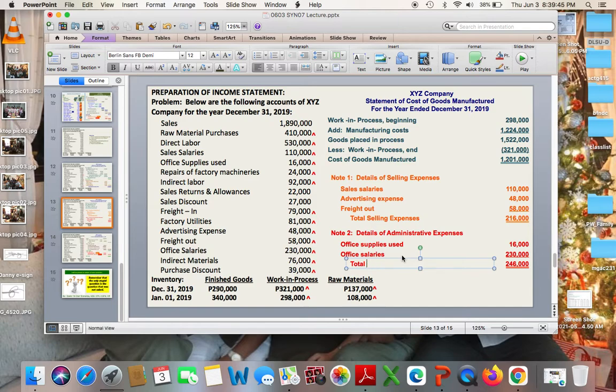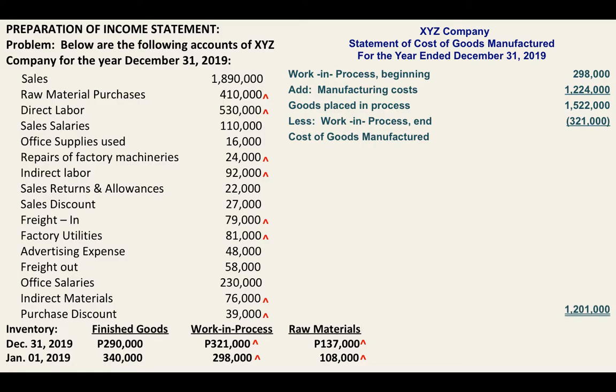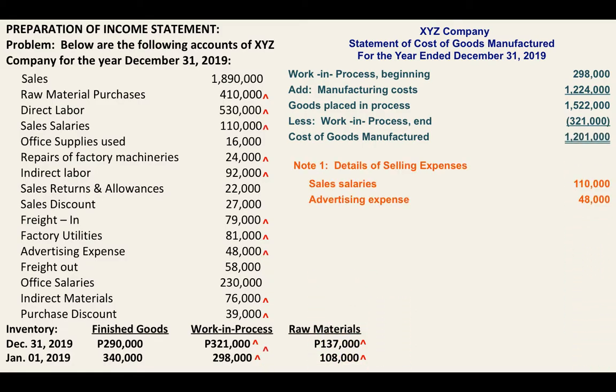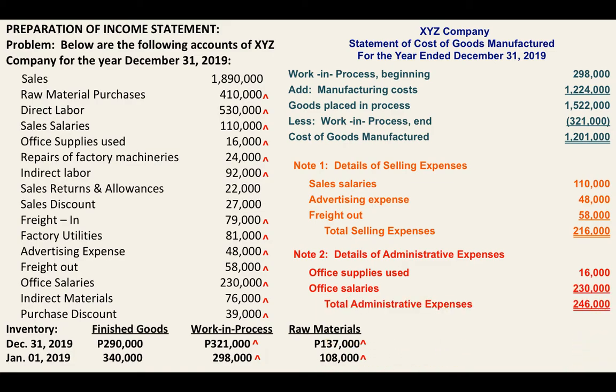Okay, so we have that, the total administrative expenses. And now we were able to complete our notes. Okay, so this is what we have.